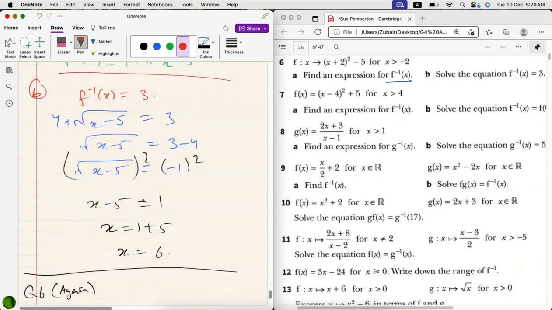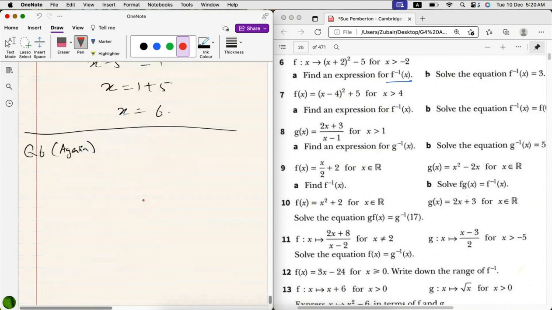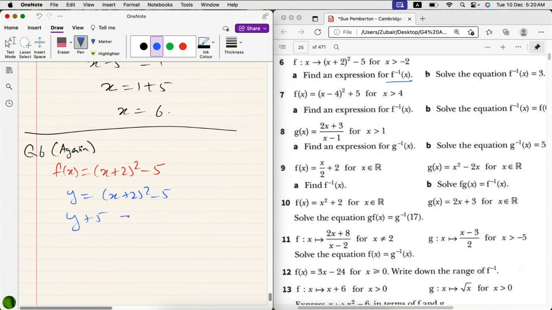I'll solve it again and show you. f of x is equal to x plus 2 whole square minus 5. Now for the inverse: y plus 5 is equal to x plus 2 squared. Square root of y plus 5 equals x plus 2. Square root of y plus 5 minus 2 is equal to x.